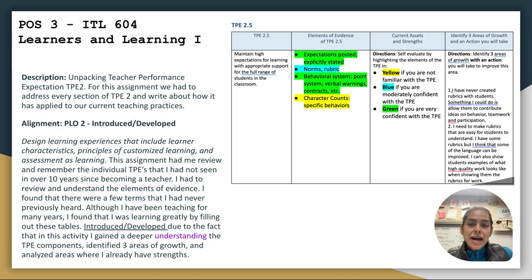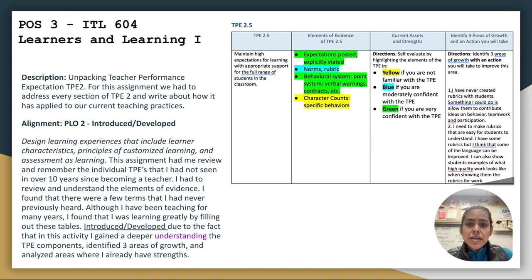Okay. ITL 604, Learners and Learning. For this assignment, we had to unpack the TPEs, TPE 2, and we had to address every little component of TPE 2, which, honestly, it's been years since I had ever looked at a TPE.